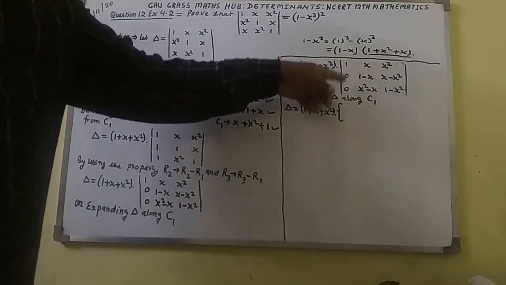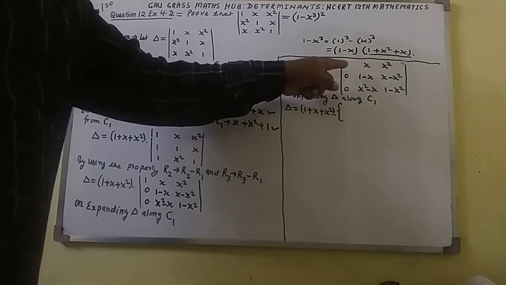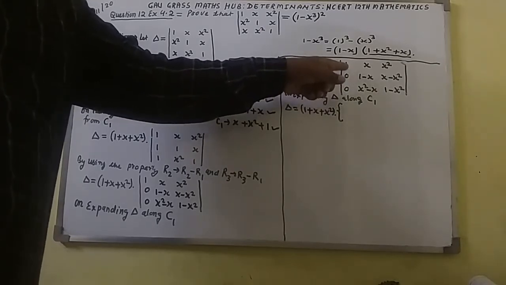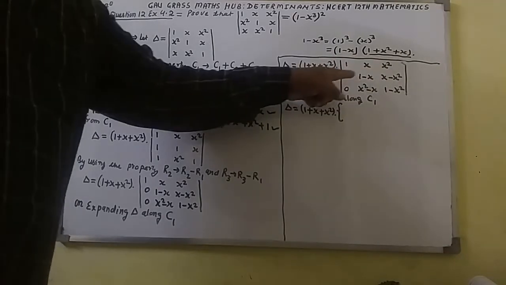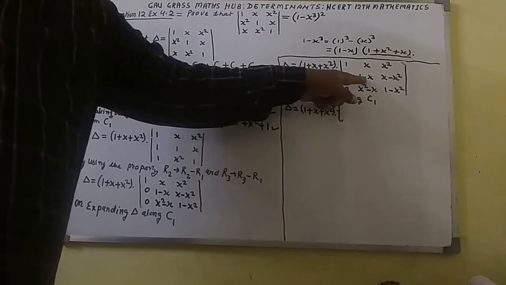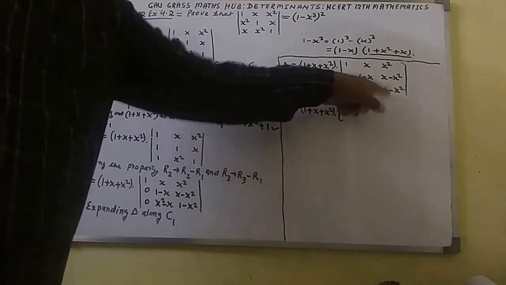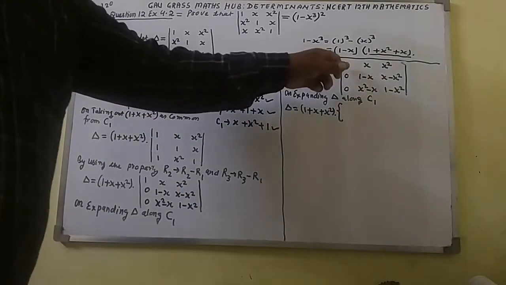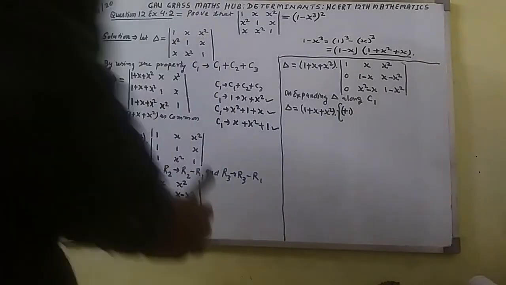Here the first column is known as C1. You know the mathematical signs: plus minus plus, minus plus minus, plus minus plus. So here I shall write plus 1, in brackets.